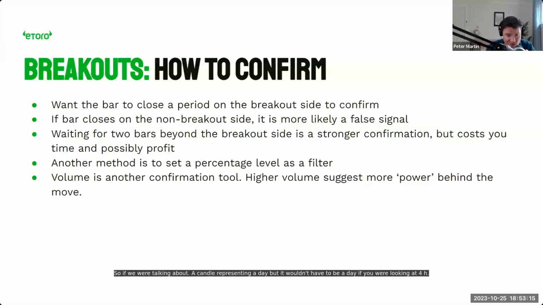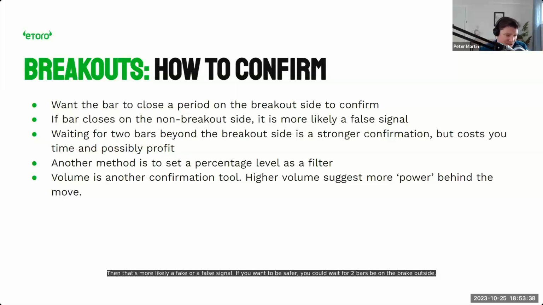If you were looking at a 4-hour period, it would just be a 4-hour candle. But you're looking for that candle to close on the breakout side as one method of confirming. And we would consider that if it breaks above the breakout zone but closes below it, then that's more likely a fake or a false signal.